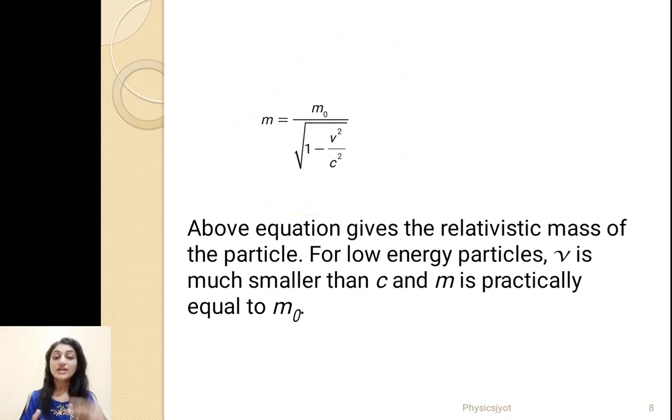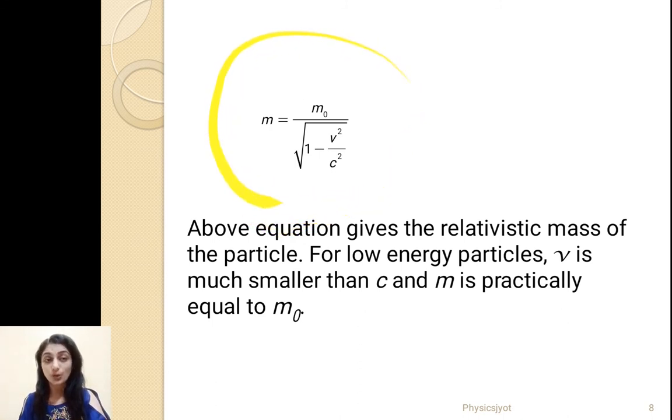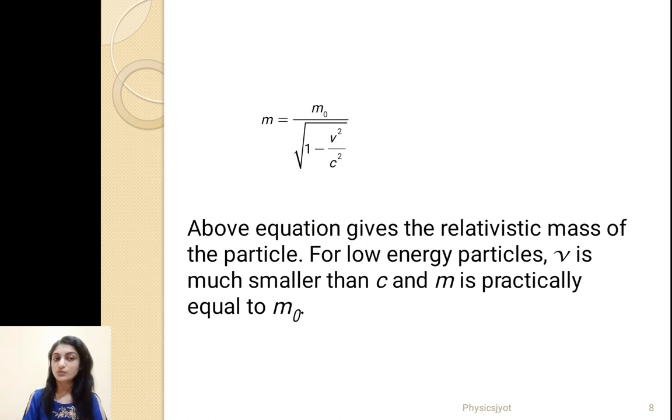So here we are assuming that the moving particle has velocity comparable with the velocity of light. That is how we are using this relativistic equation. Whenever a particle has velocity comparable with the velocity of light, its mass is given by this formula. This equation gives the relativistic mass of the particle.